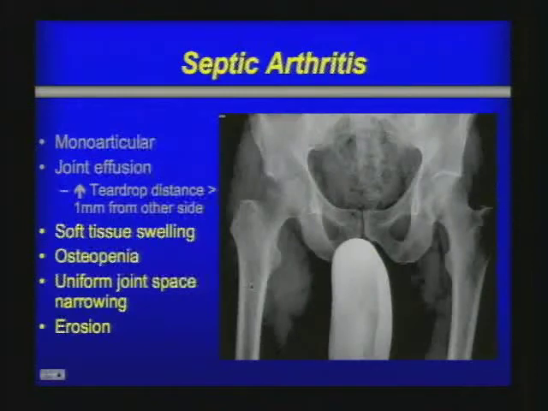And finally, in the later stages of septic arthritis, you'll find osteopenia, periarticular osteopenia, uniform joint space narrowing, and erosions, which is the last stage.